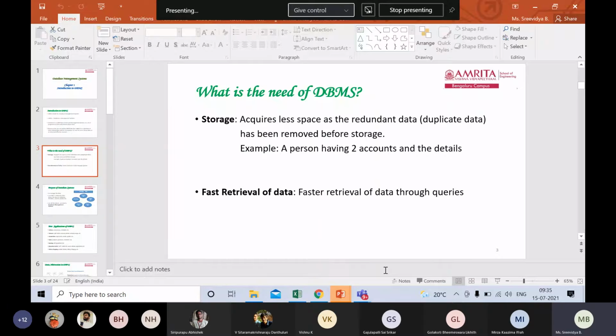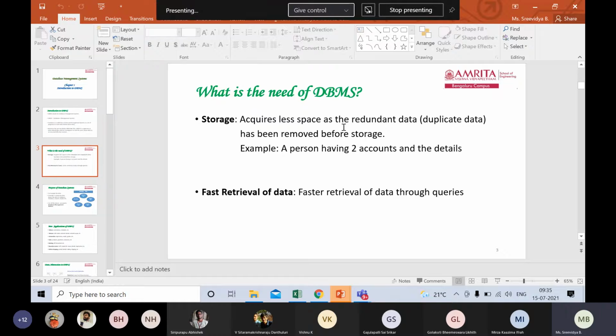So next, the need for the database is that it is a structured way of storing the data. We call this structured data, especially RDBMS is what we are discussing. We've already seen that all the databases we discussed earlier were in relational form, meaning in the form of tables, which means you have rows and columns.